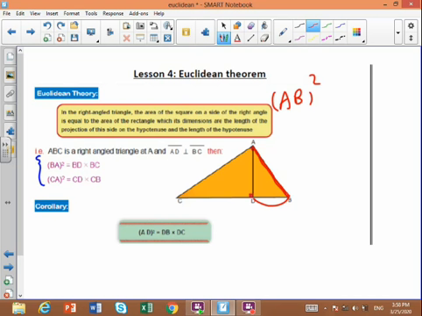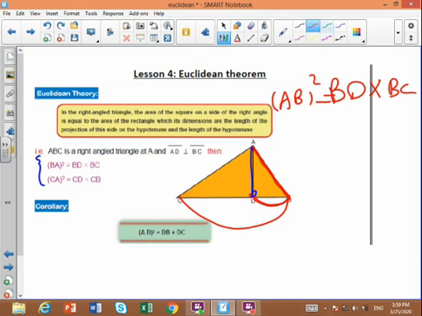So you are taking from the end, you are taking this one. That's why I'm saying AD is a must. This perpendicular line is a must to use the Euclidean theorem. It is equal to BD times, without a square, BD times BC, all the length of the hypotenuse. So AB square is equal to BD times BC.